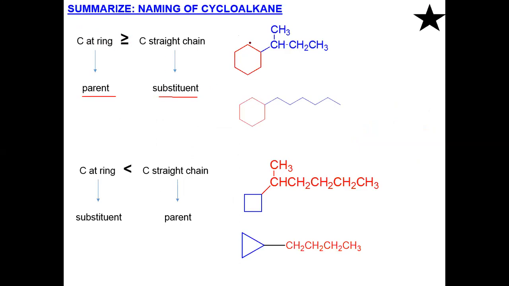So for example, 1, 2, 3, 4, 5, 6. So 6 carbon here. 1, 2, 3, 4, 4 carbon here. So your cyclo carbon will be your parent and the whole thing will be your substituent. So what's the name for this one? Cyclobutyl. Okay, cyclohexane as your parent.